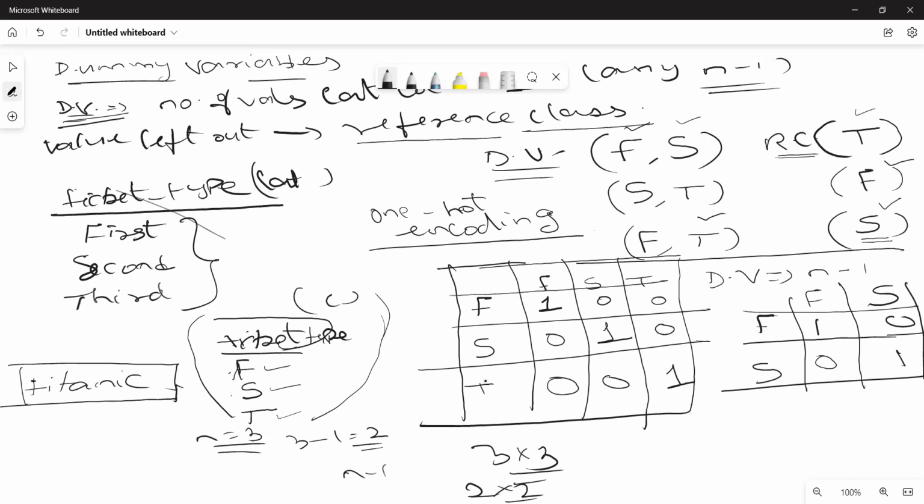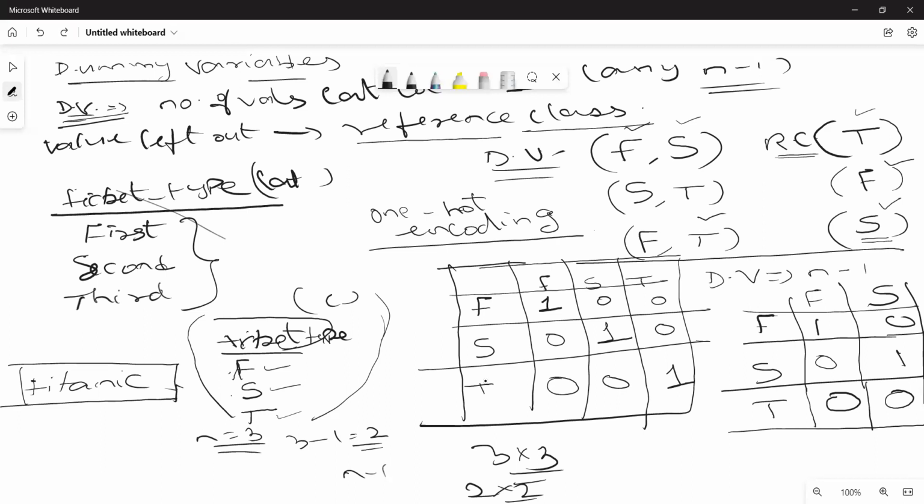Now, what about the third class? Someone who has a third class ticket, how will you represent that information? This is going to be 0, this is going to be 0. So I don't need the last row and last column. Using just these two pieces of information, I can also represent my third class.